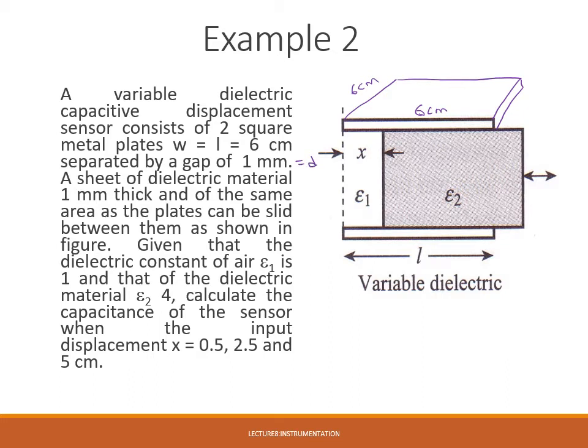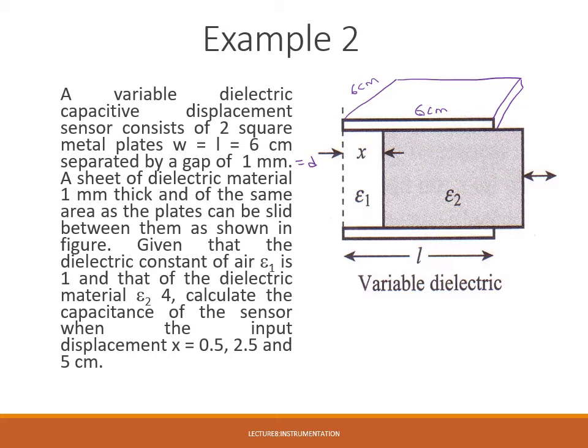Right. A sheet of dielectric material 1 mm thick and of the same area as the plate can be slit between them as shown in figure. Meaning there is a sheet of material that able to move in and out between the two plates.